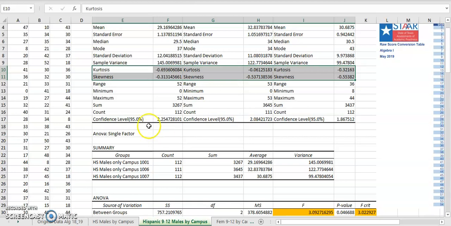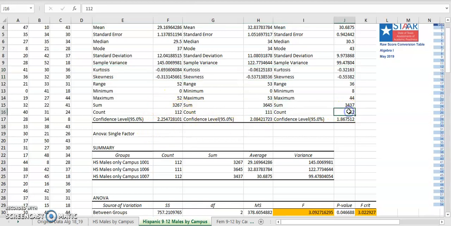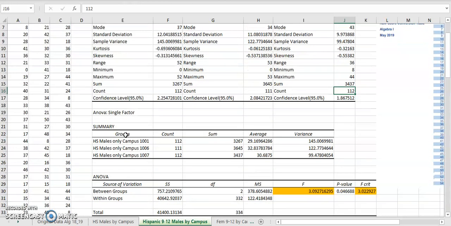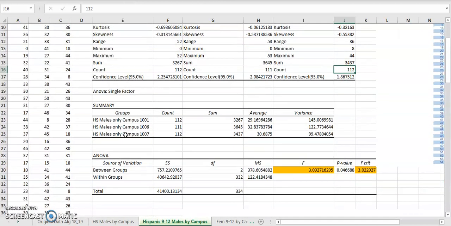So I have 112, 111, and then 112 on campus 1007, where I manipulated some of that data. The next thing I'm going to do is run my ANOVA single factor. You can see my 3 campuses, my student count, my averages, my variances.